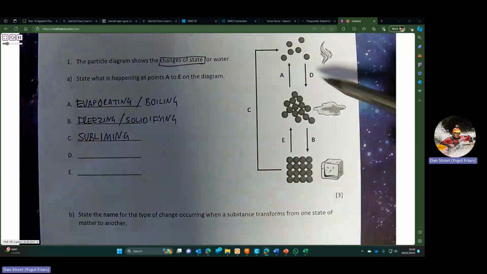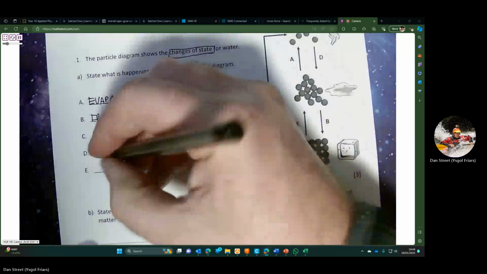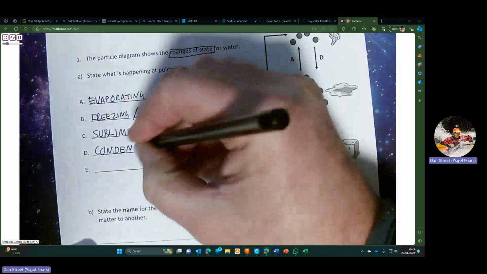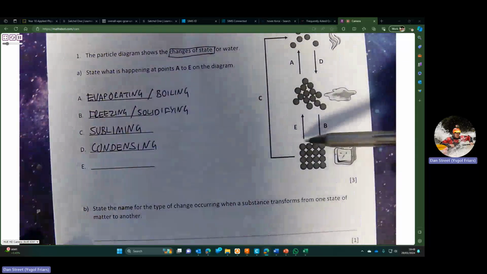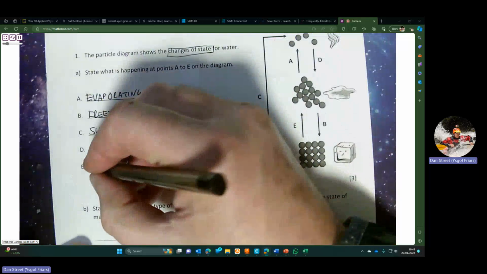Then change of state D is from a gas here to a liquid, and we could call that condensing or condensation. And then E is the change of state from a solid to a liquid, and that is melting.